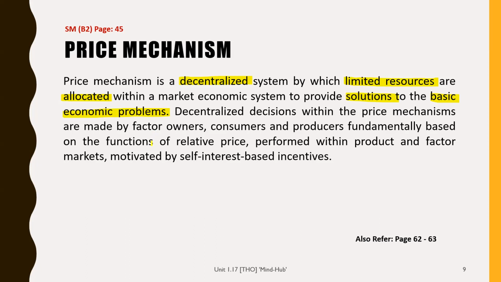Then, how does this work? In the price mechanism, we make decentralized decisions. So we know that now it's a decentralized system. Who makes these decisions? Who are the parties? So when you prepare the short notes, when you break this down to understand, that's how you do it.